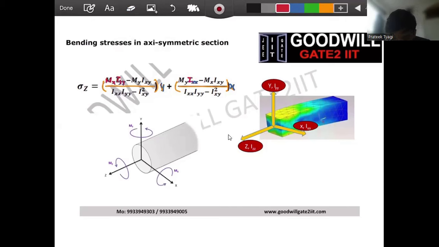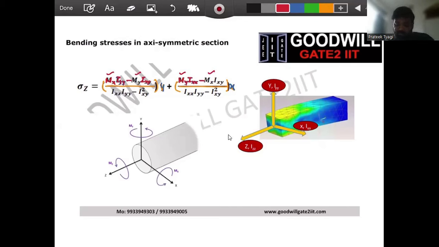Here you have written Ixx, so you have written My. Minus in both. If Mx is covered, My will come here, My is present, Mx comes here, and then you have Ixy. Anyhow, we will learn this formula when we start solving numericals. But you will see why this formula is in this form in maybe the next 2-3 minutes.